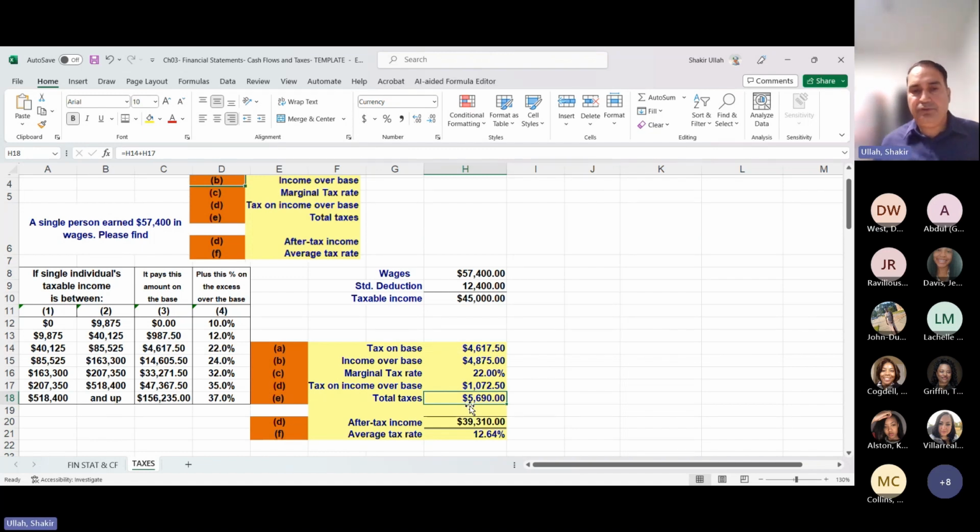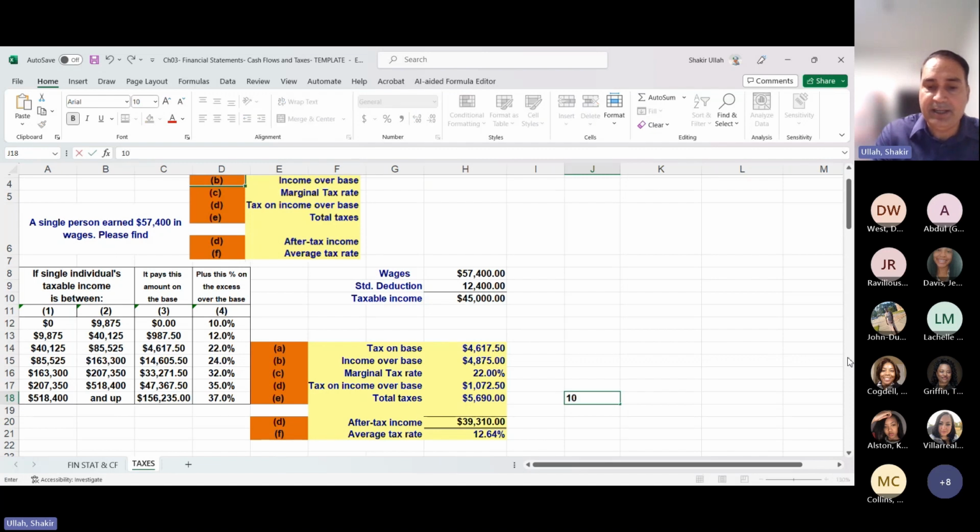When you file your taxes, your tax liability comes out to be this. Just imagine that the amount that was being deducted from your paychecks, you have already paid $10,000 in taxes. So you have paid 10,000, but you actually owe 5,690. So in that case, you're going to get a return of the difference.